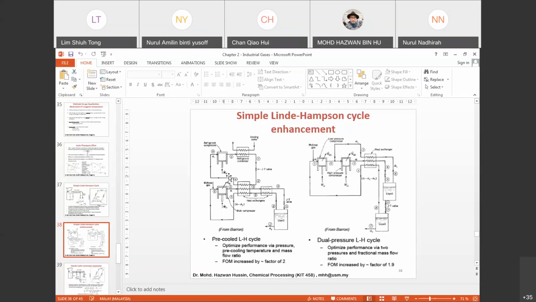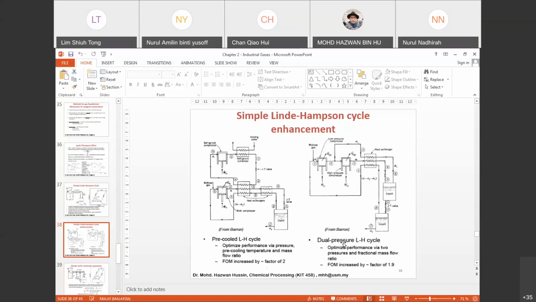The gas that has evaporated goes back into the second compressor, and then will be chilled, and then goes back to the stream so that you wouldn't lose anything. So the pre-cool enhancement cycle optimizes the performance via pressure, pre-cooling temperature, and mass flow ratio. So the factor of merit is increased by a factor of 2, right?